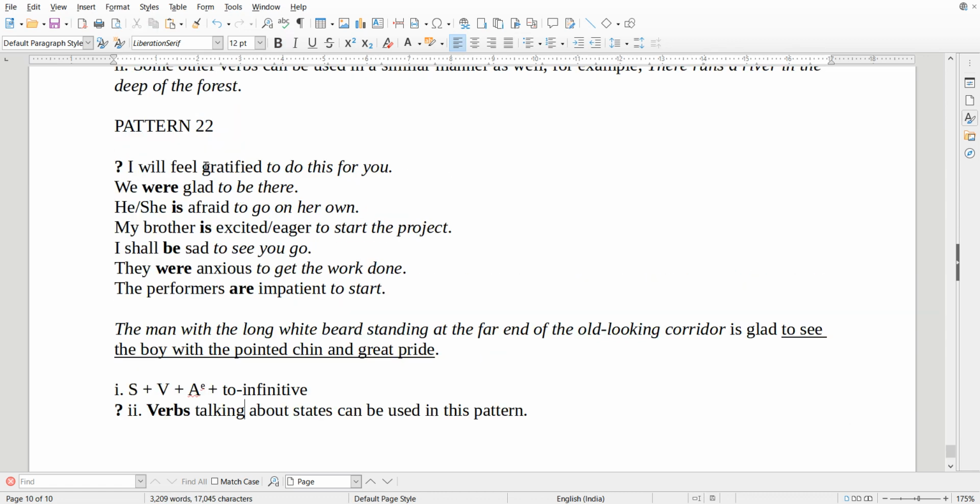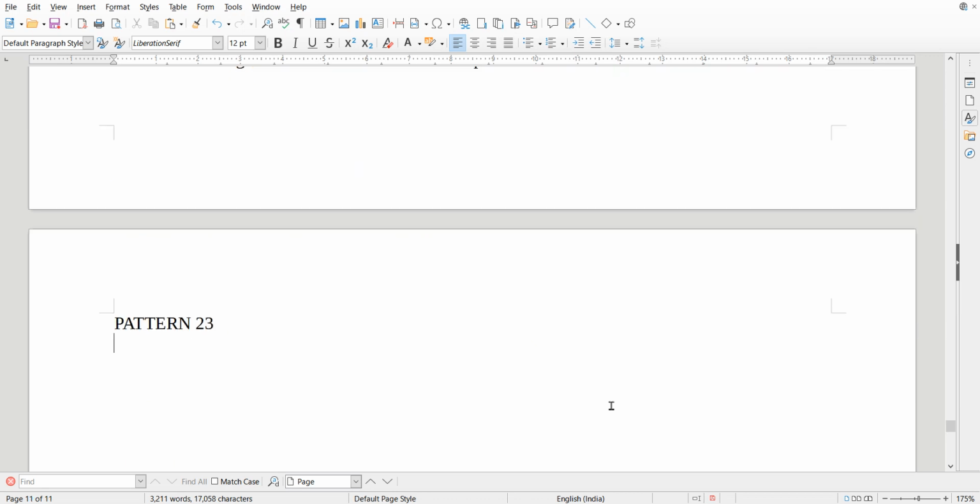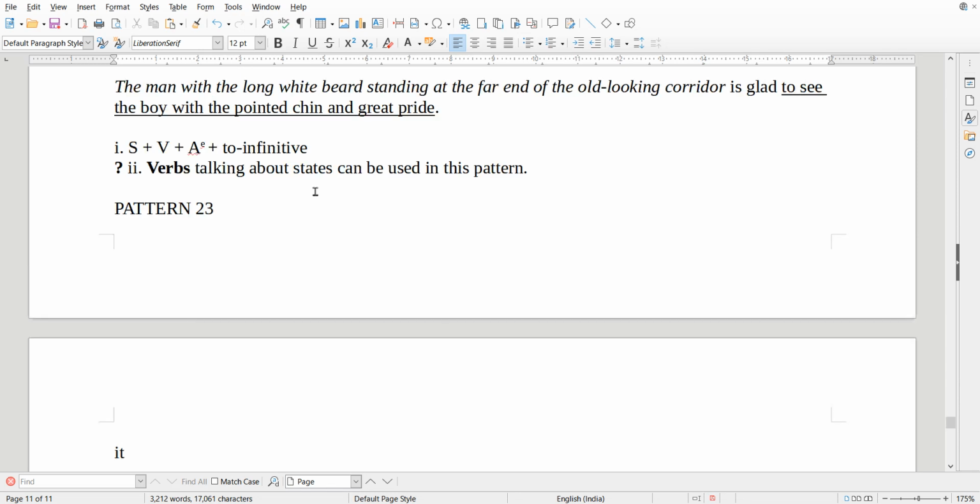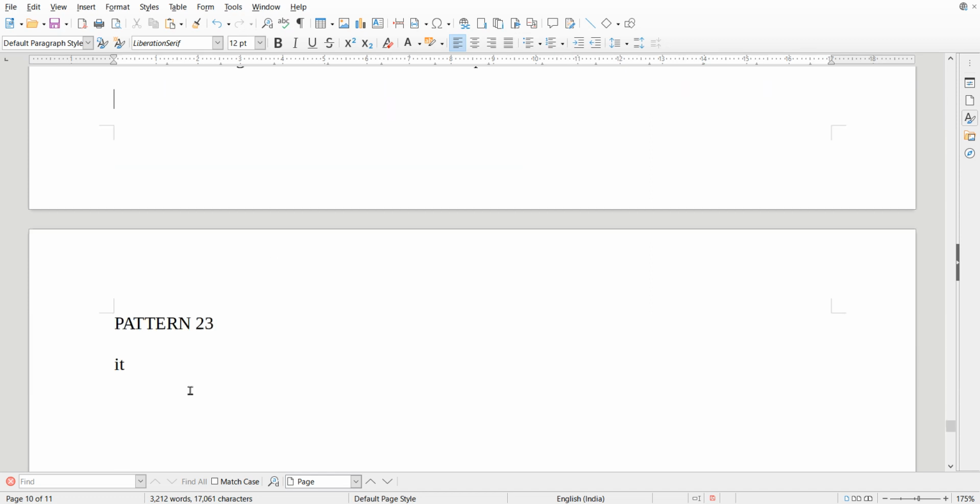The next one, pattern 23. Let's write the sentence first. The pattern is like, it was kind of you to help us. Previously we talked about it was so good of you to have come.